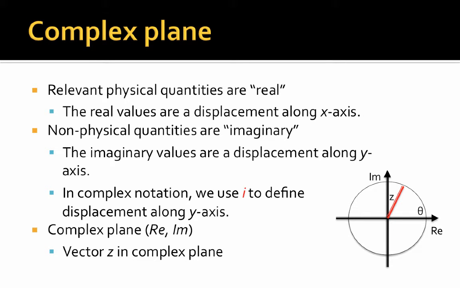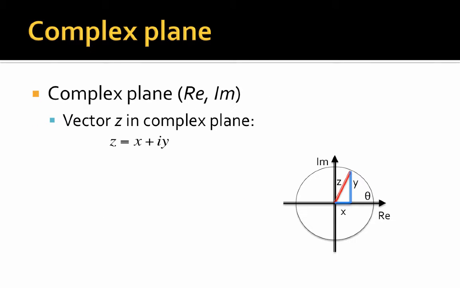We'll be drawing our vector z in the complex plane. So here we've got our complex plane again, and any vector z can be drawn in this complex plane. The magnitude of z is the red bar, and we can write this as x plus I y.